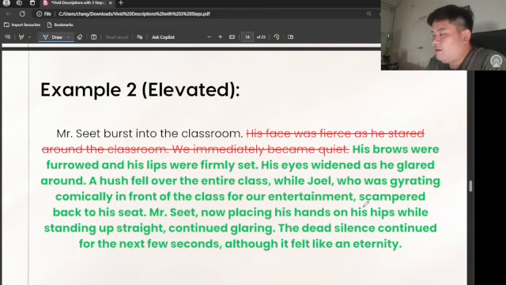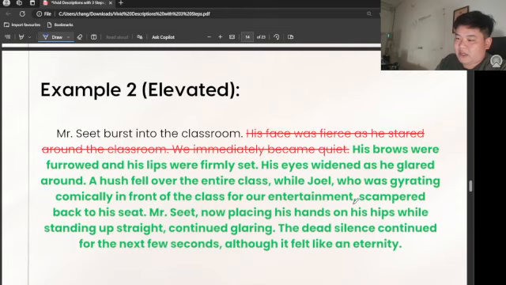So, Mr. Seed, now placing his hands on his hips while standing up straight, continued glaring. The dead silence continued for the next few seconds, although it felt like an eternity. So, again, this is how you can make your descriptions more vivid by simply describing the little details.